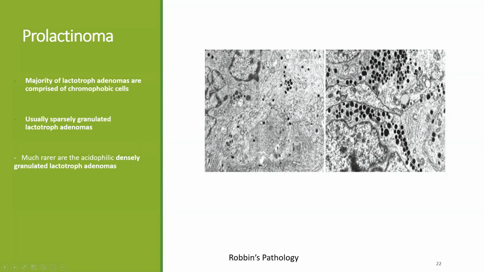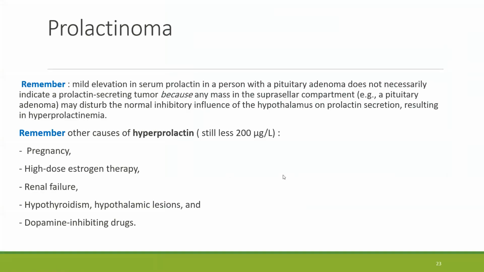It is extremely rare to see the granules large and dense. Though densely granulated are rarely prolactinoma, usually sparsely granulated. Remember, we use hematoxylin and eosin, immunohistochemistry stain, and we use the electron microscopy in each case of adenomas.